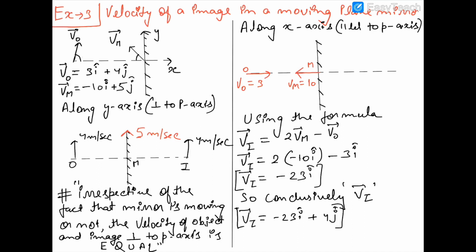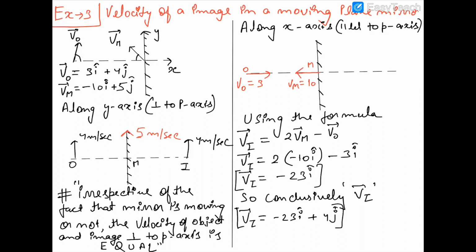Okay guys, now we will talk about the velocity of the image in the direction along the x-axis. The x-axis is also the principal axis, so we are talking about the direction parallel to the principal axis. I've already resolved the velocities; in fact, it is given in resolved form.